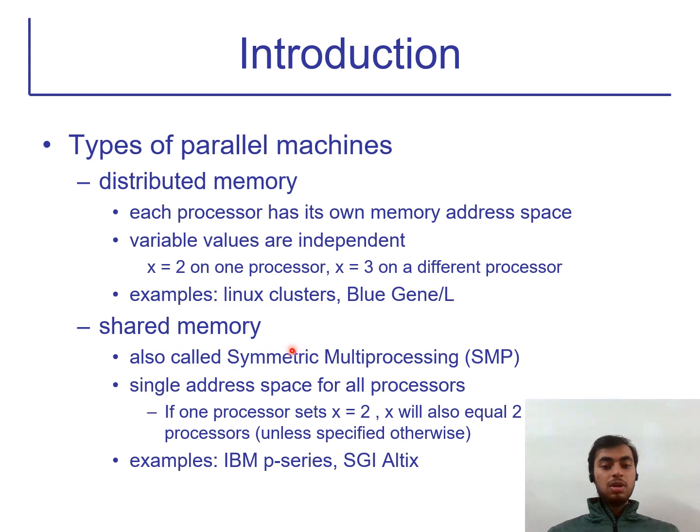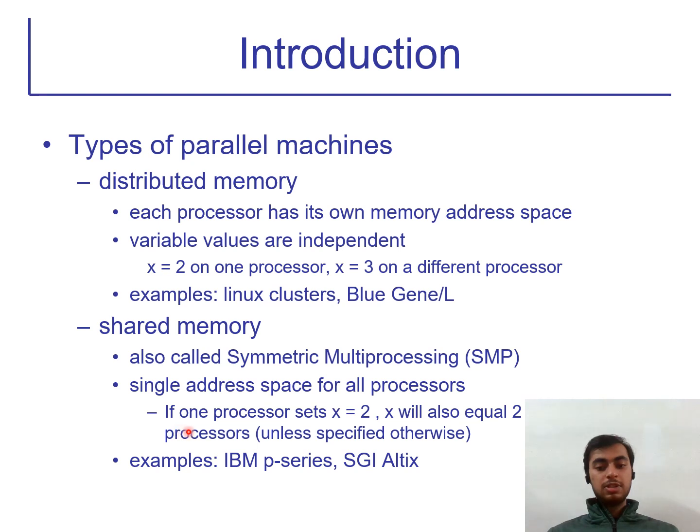Next is shared memory. Shared memory is also called symmetric multiprocessing, that is SMP. There is a single address space for all processors. If one processor sets x equals 2, x will also equal 2 in other processors unless specified otherwise.